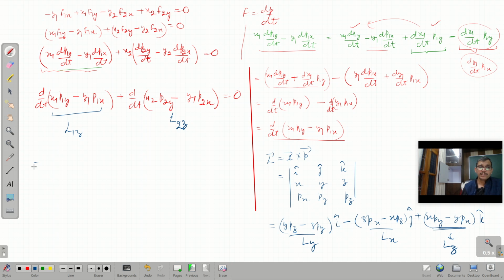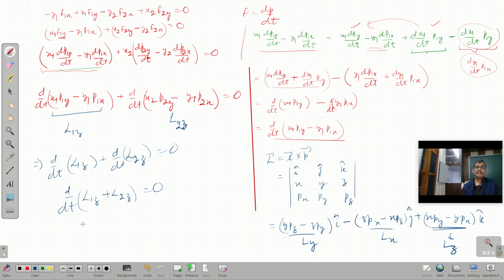Therefore, this equation can be written as d upon dt of L1z plus d upon dt of L2z is equal to 0. Let me put these two together, L1z and L2z, and say their net is represented by Lz. It is equal to 0.